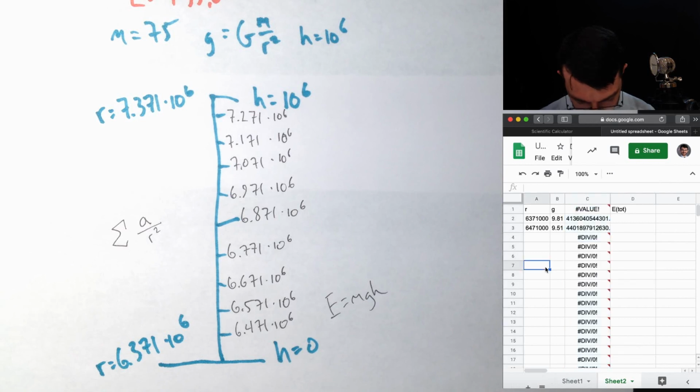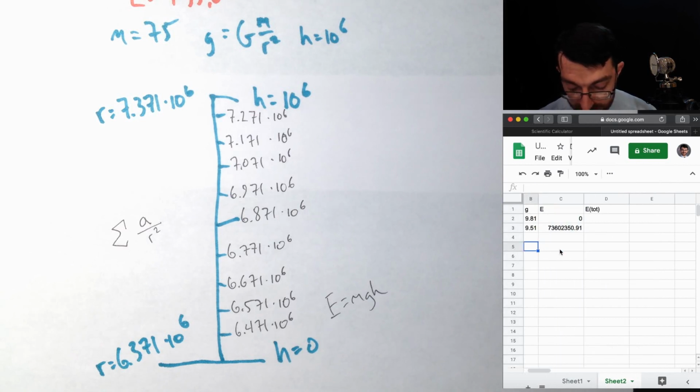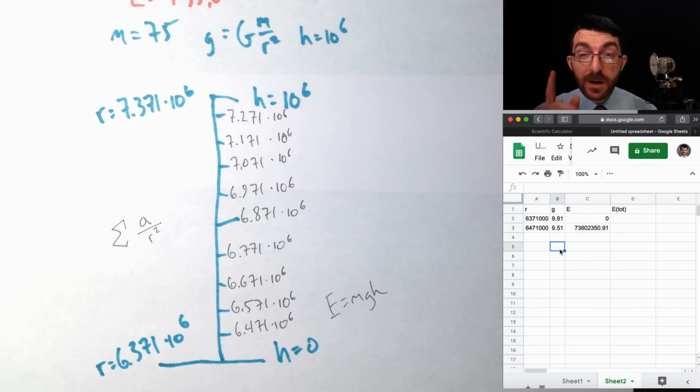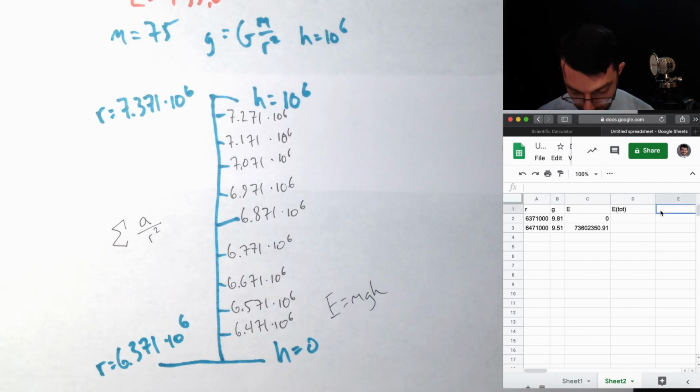Okay, I do want to make a slight amendment here. Oops. I don't know what I just did. I do want to make this a bit more flexible. I don't want to force this to be me, and I don't want it to have to be 100,000 meter jumps. So I'm going to give myself a little space where I can set what m is equal to, and I can set a change in height.